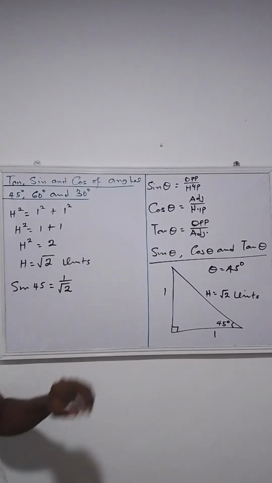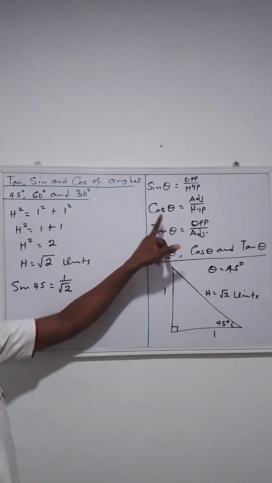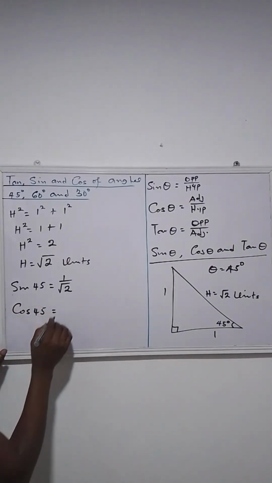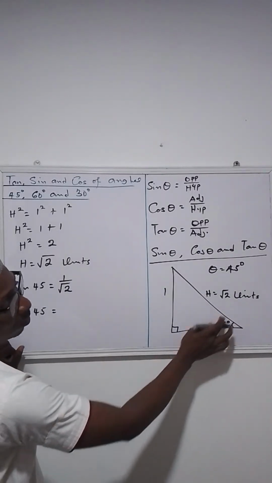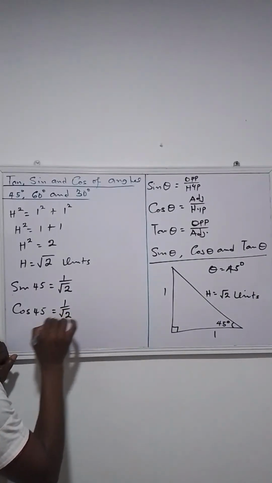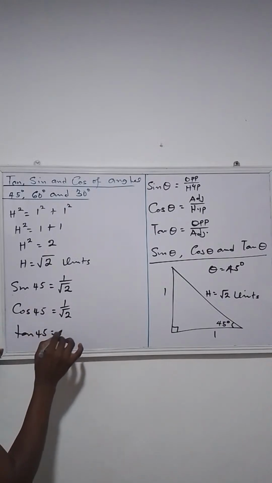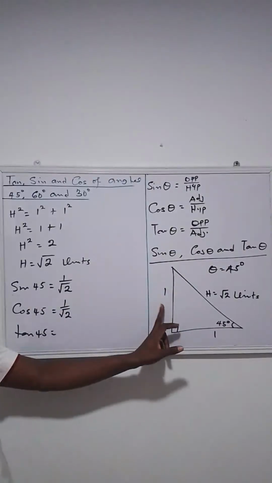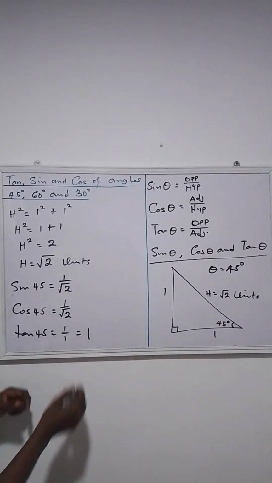Now let's move to the next one. Cos 45 will be what? Adjacent over hypotenuse. That's going to be 1 over square root of 2. And the last one is tan 45. What is tan 45? Opposite over adjacent. That's going to be 1 over 1, which is the same thing as 1.